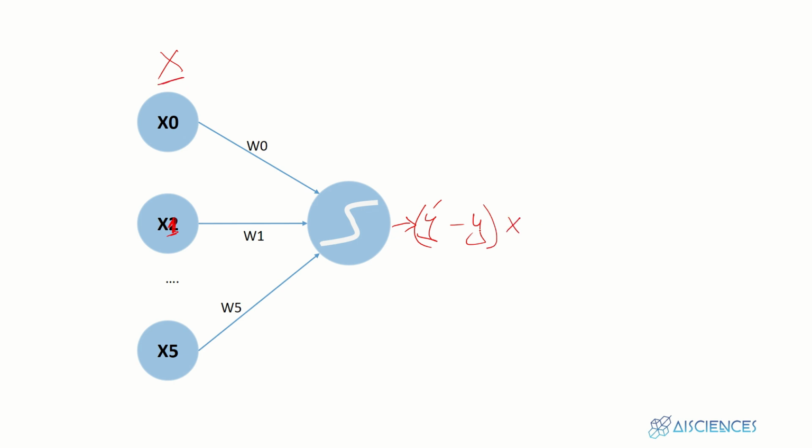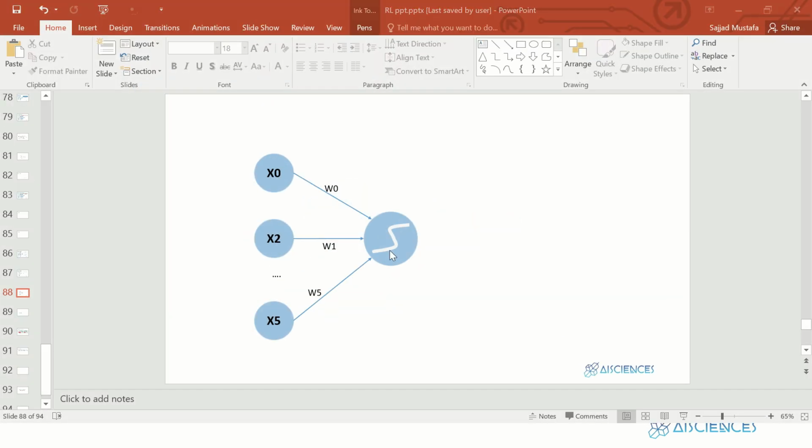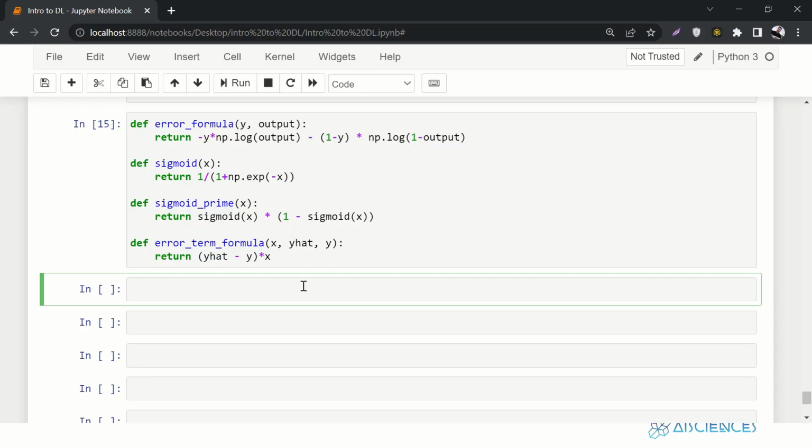X is this thing, and then we will take the sigmoid derivative of it, and then it will give us the updated values of w0, w1 up to w5, and that thing will be called back propagation. Then again we'll do feed forward for the next set of features, and so on. Okay, so let's go on to the implementation.